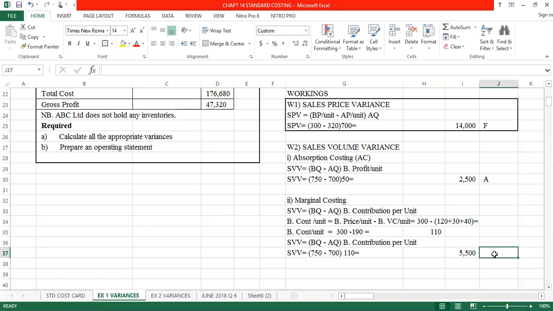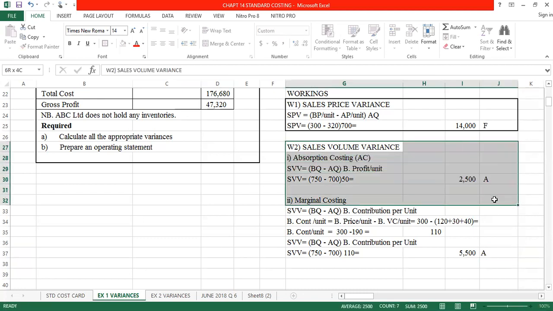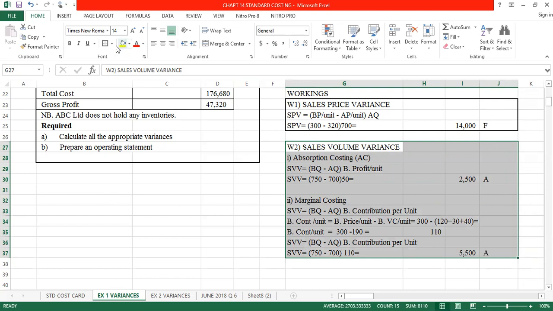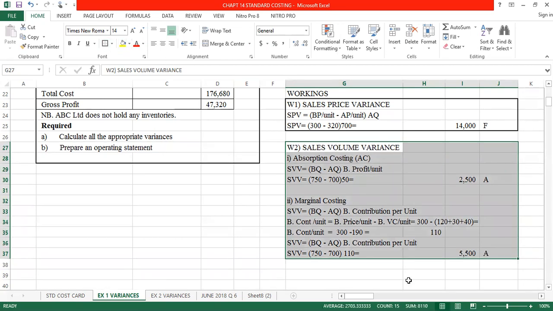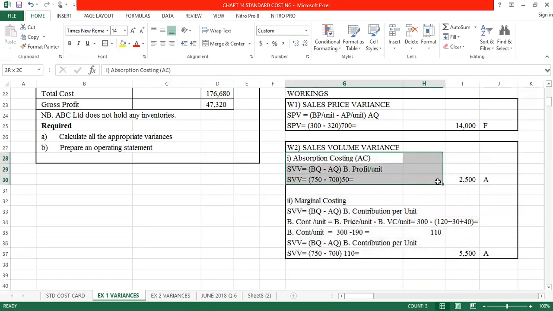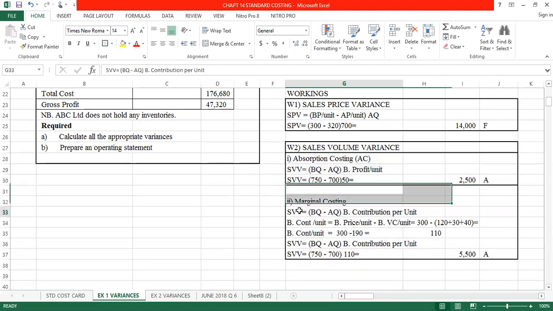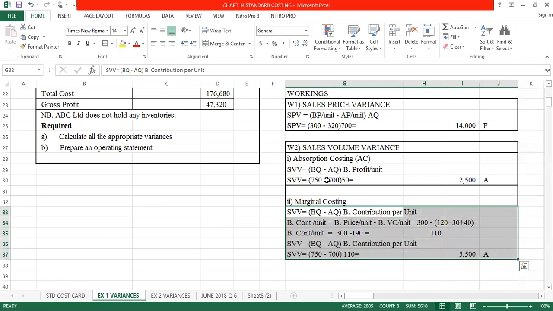We get adverse. So that is which variance? That is which type of variance? That is sales volume variance. So again, we have that and we have that. So don't forget about that.